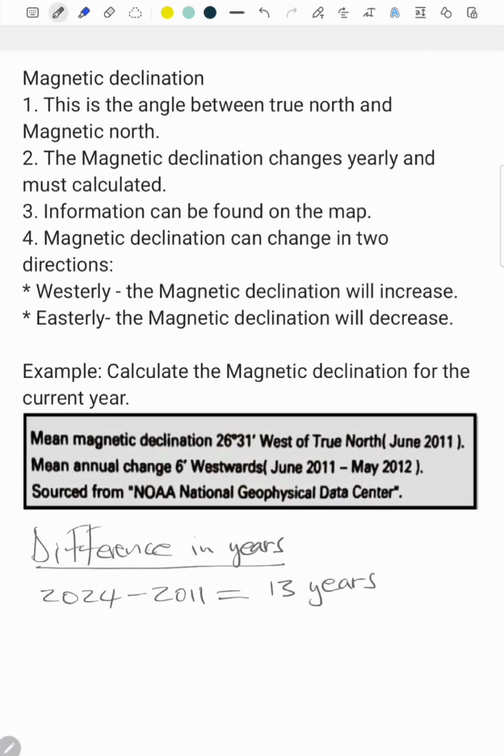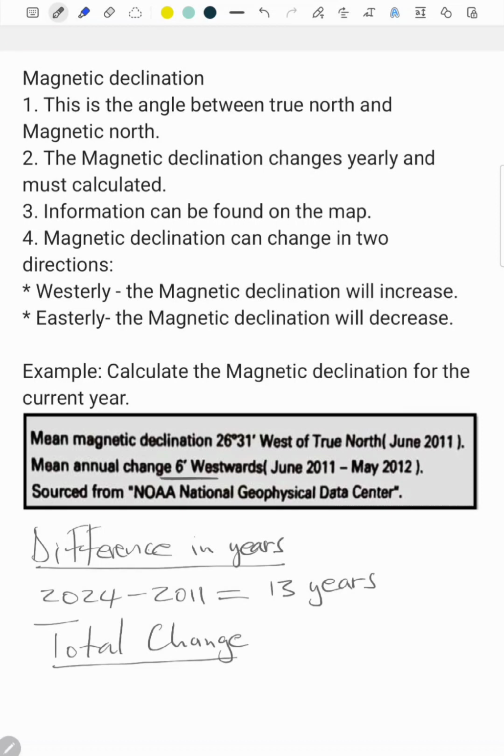Then after determining the difference in years, we then determine the total change. How do we get the total change? To get the total change, remember from the given information, they said the change, you can see there, the change is 6 minutes westwards.